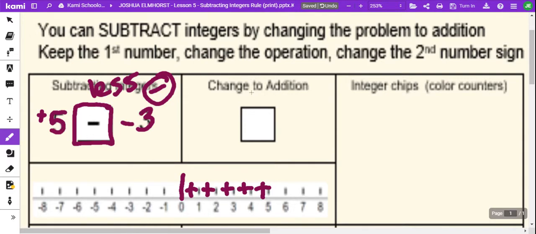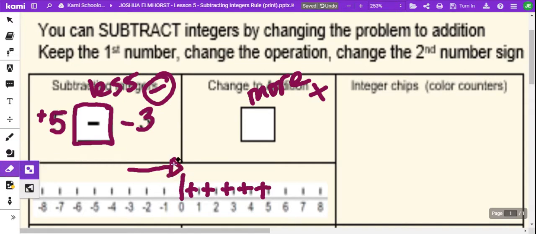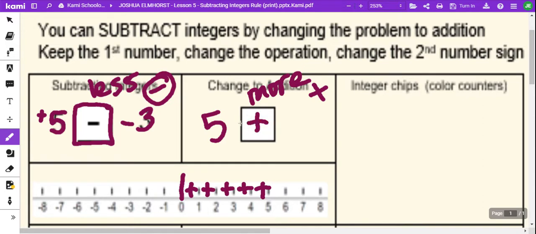So if we're having less negatives, what that means is we are going to get more positives. So if we're less negative, we're going more positive. So starting off with 5, and we're going to get more positive because we're taking away negatives.